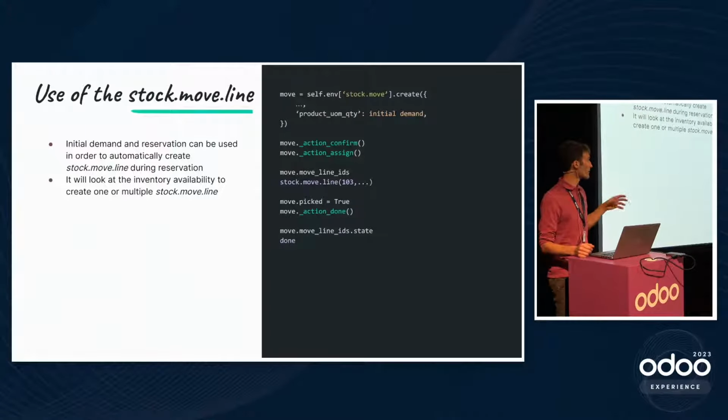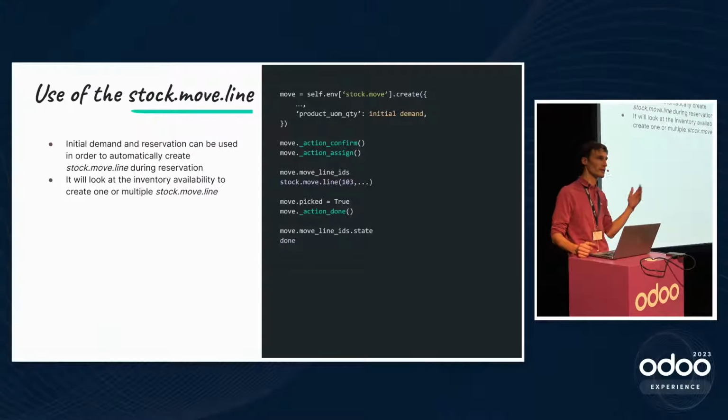This is an example with lots of details, but in real life, we won't do that many steps. For instance, by default, the confirmation will reserve automatically. This is an option that you can set on the operation type. So operation types are a list of settings that you can specify for a kind of transfer.